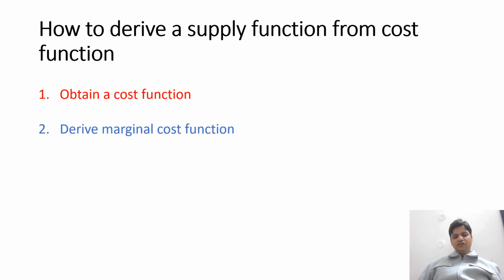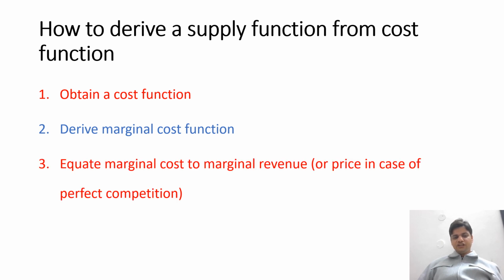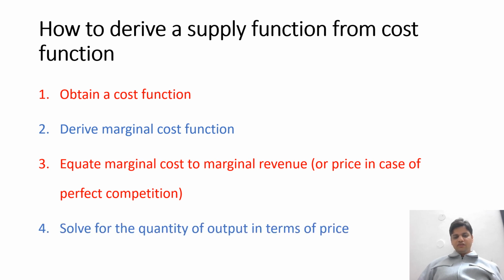Then derive the marginal cost function by taking the first order difference of the cost function. Then equate marginal cost to marginal revenue. In case of perfect competition, you can also equate it to price, because both are the same thing, marginal revenue and price. Then solve for the quantity of output in terms of price.